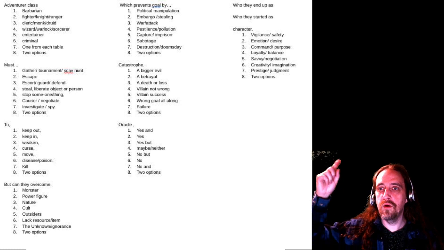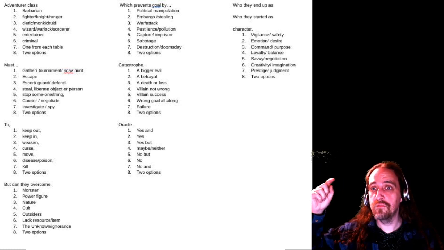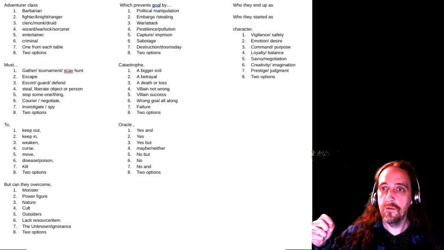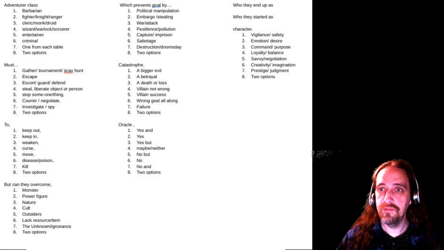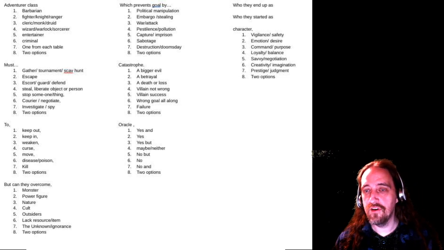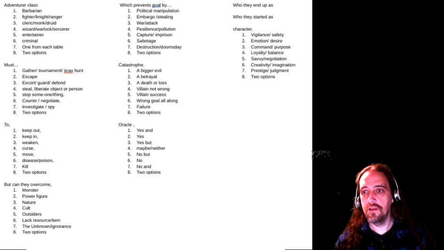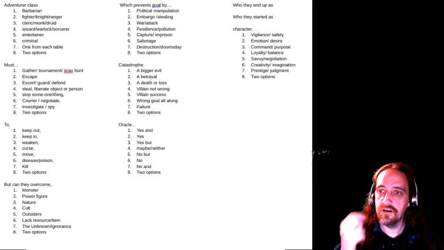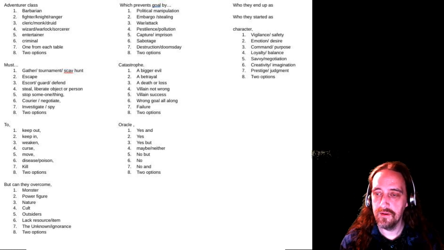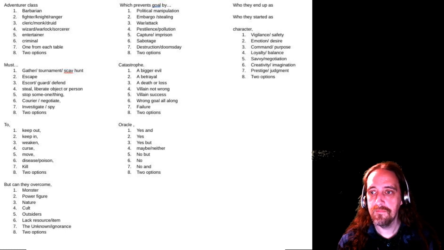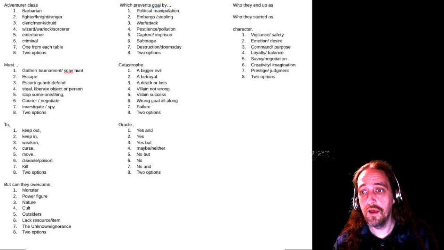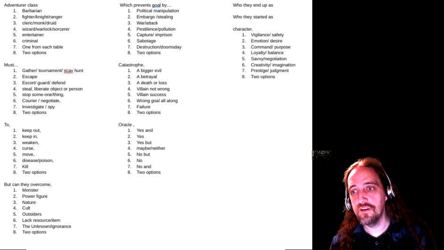And what it says above that is you should be rolling for either who they end up as or who they started as. Because in a character-driven story, you want the character to start with a character type and go through the journey and come out the other side of the journey changed by their journey.